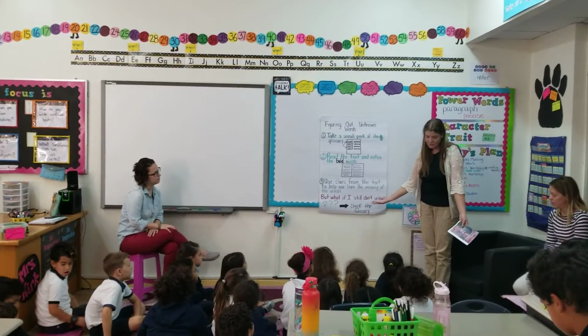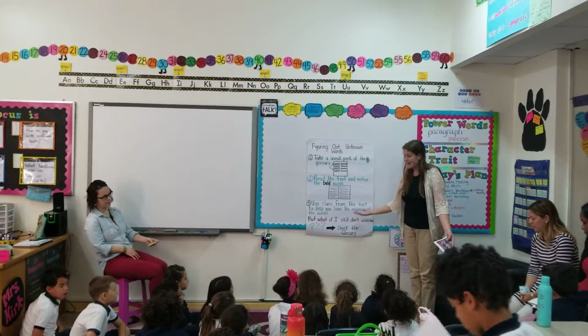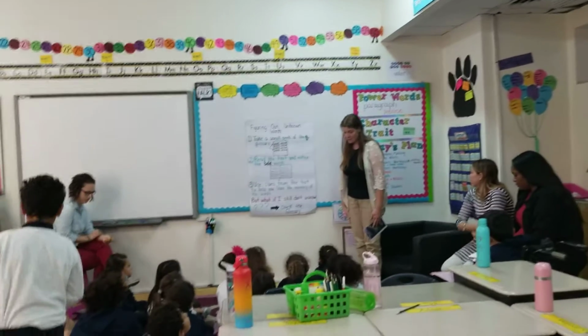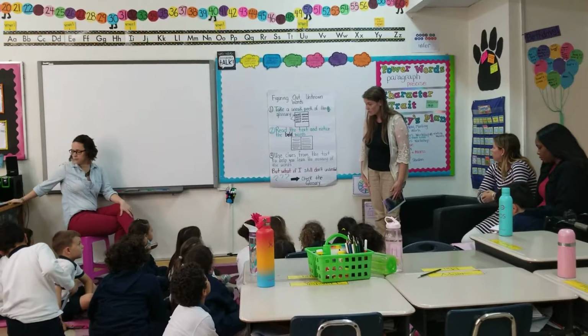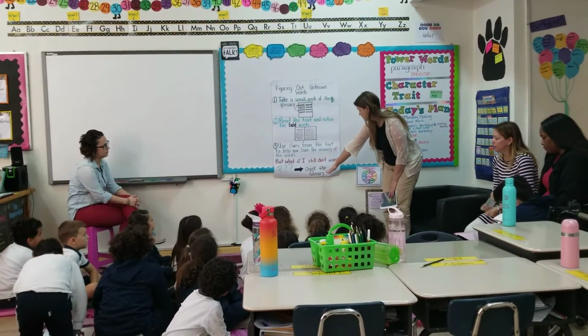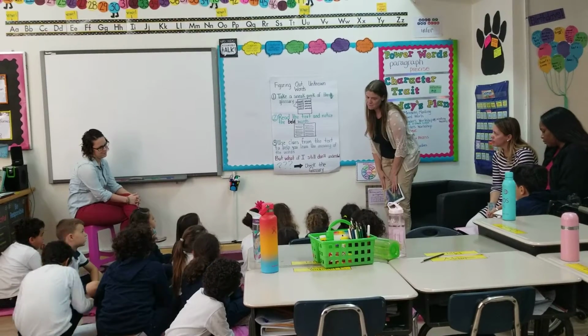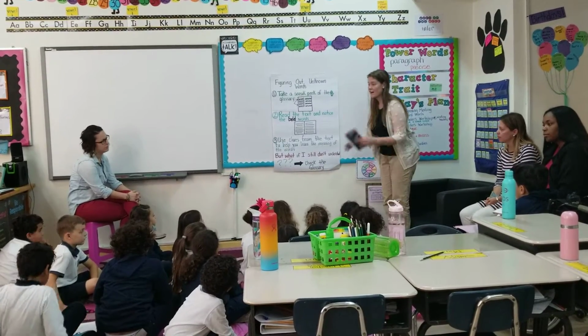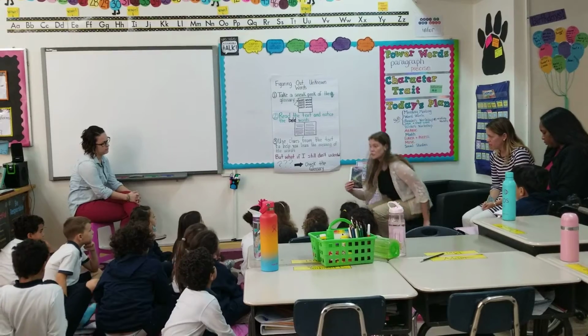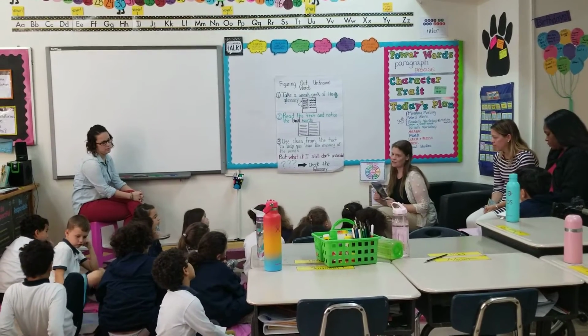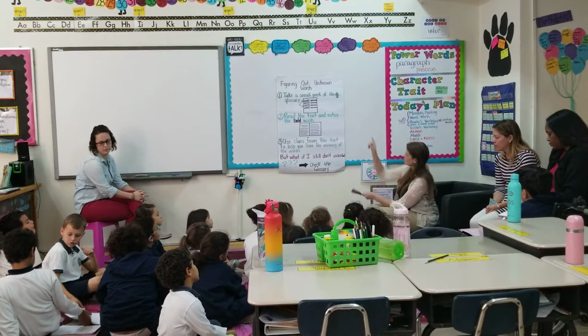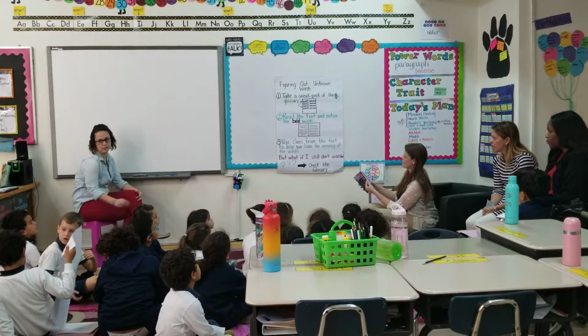But sometimes we might not be able to figure out what it means. Maybe there aren't enough clues. So if that happens, if I still don't understand, I can go back and check the glossary for the meaning. So I'm going to do this, and I want you to watch me so that you can try it in a few minutes, okay? So step one is I'm going to take a sneak peek of the glossary.